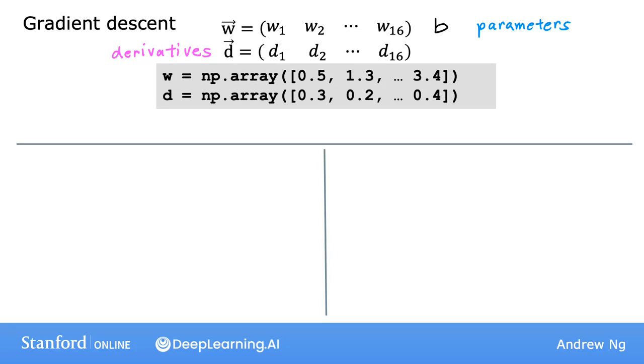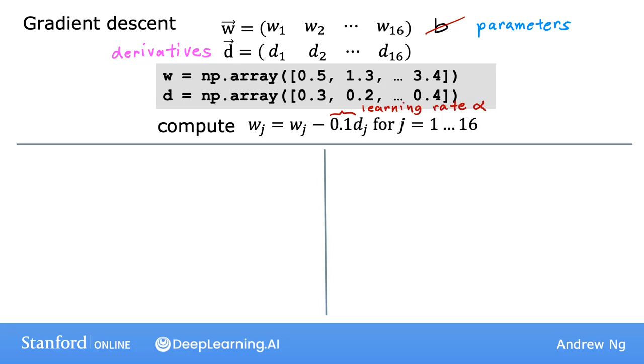For this example, I'm just going to ignore the parameter b. Now, you want to compute an update for each of these 16 parameters. So wj is updated to wj minus the learning rate, say 0.1, times dj for j from 1 through 16.